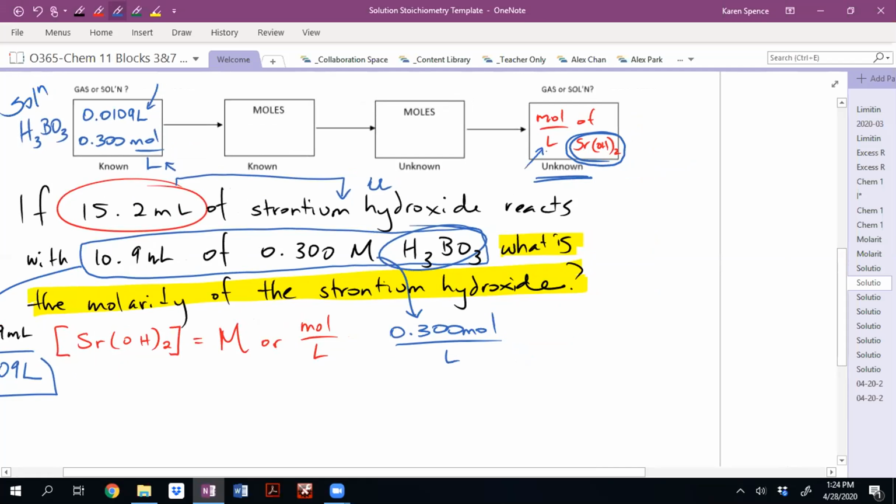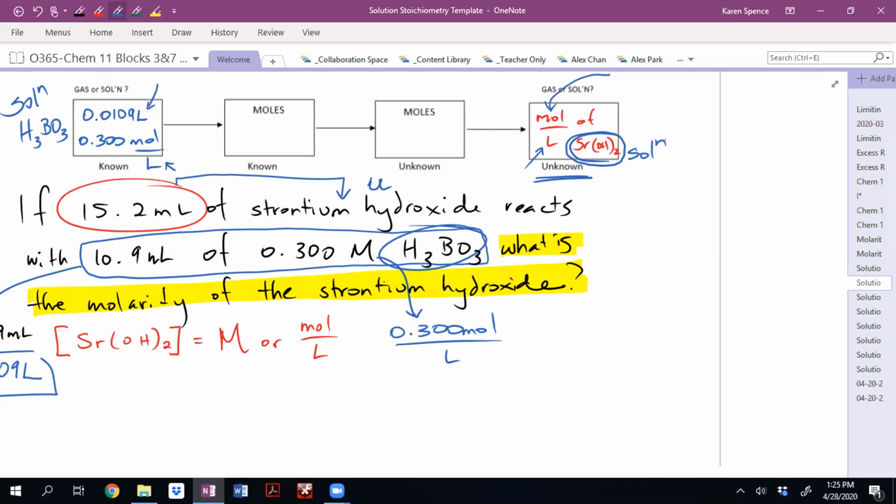Yes, it's also a solution, because we're going to be finding the moles per liter. I would have had to tell you that it was a gas, and I would have mentioned STP somewhere. So nowhere in this question are we going to use 22.4, unless the word gas or STP shows up in the question. Do not use 22.4.